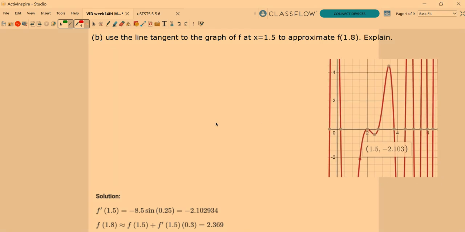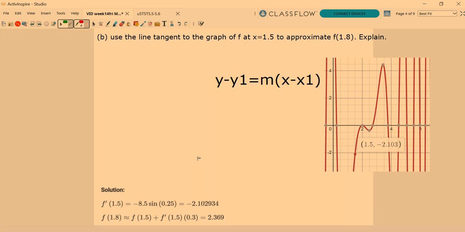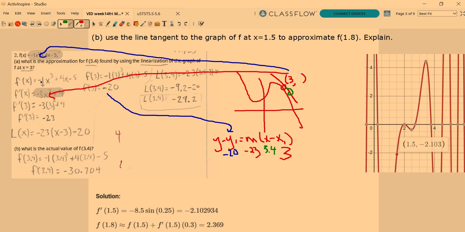So now we basically want point slope form: y minus y sub 1 equals m times x minus x sub 1. Now we don't know this original function, so we can't take the derivative. But check this out.